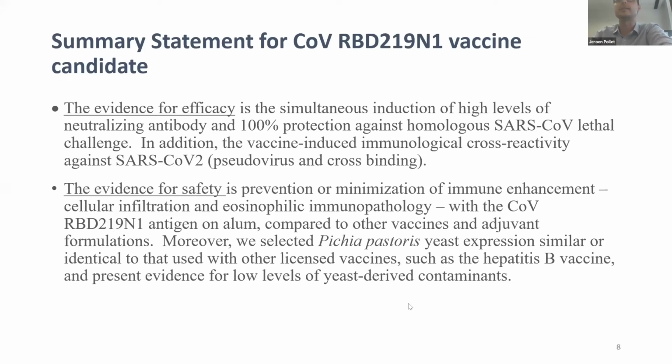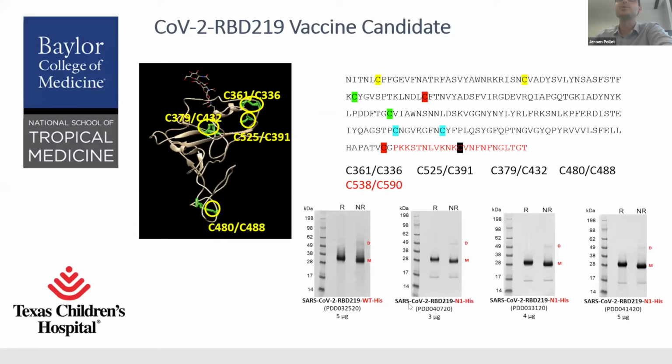Finally, I just wanted to show you that we are also working on the new RBD vaccine candidate. We are currently optimizing our production process. We have made small batches of different types of the construct. We have vaccinated mice. We have really good titers.